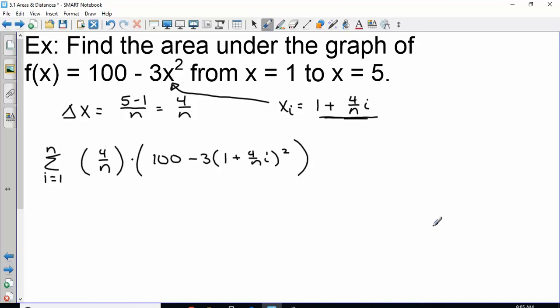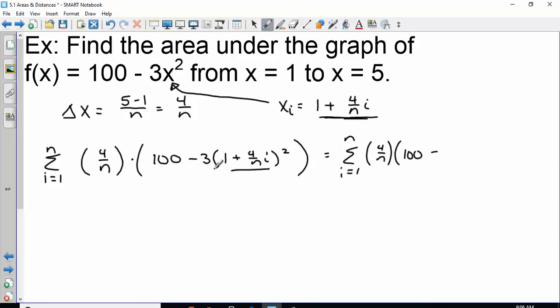Okay, we have a lot of algebra to do on this one. We need to start multiplying this stuff out as much as we can. This 4 over n, I'm not going to worry about it yet. So 100 minus... I have to FOIL this and distribute essentially a negative 3.